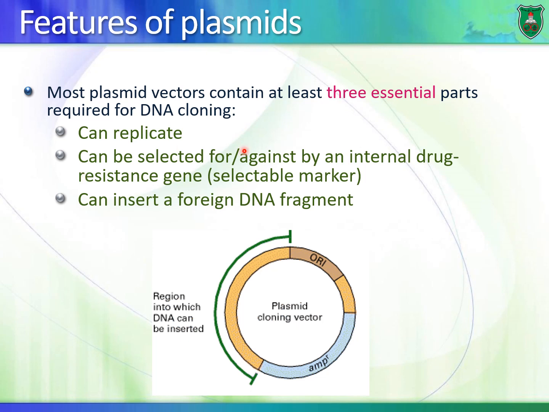This is known as a selectable marker, and usually it is an antibiotic resistance gene, or a drug resistance gene. So if a bacterial cell has a plasmid, it is resistant to the antibiotic, so that it does not get killed by the antibiotic.